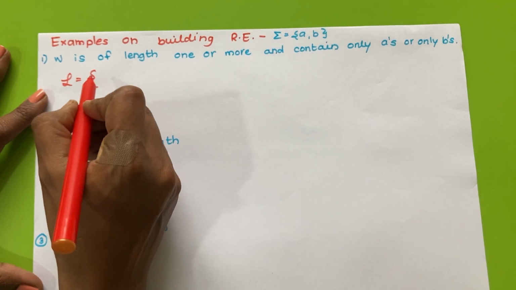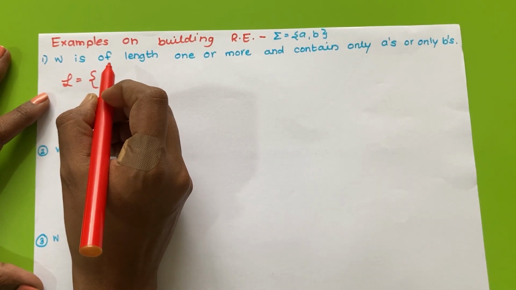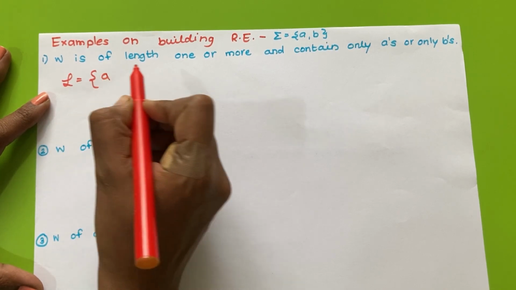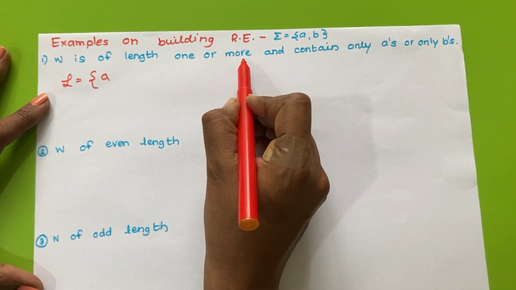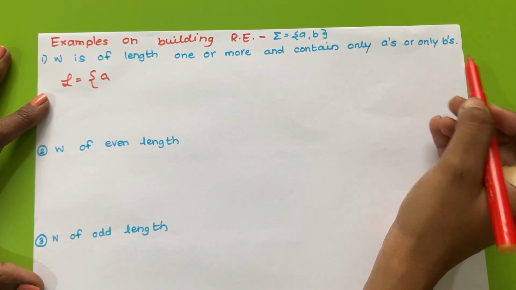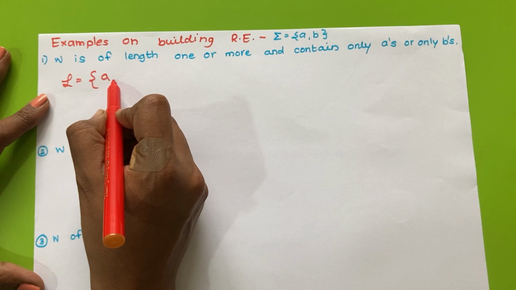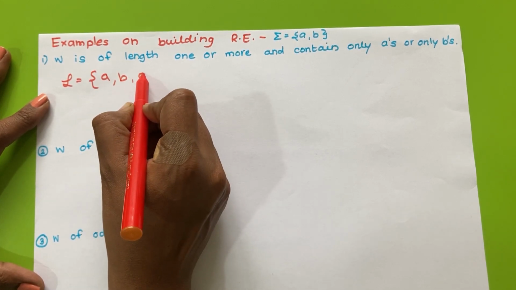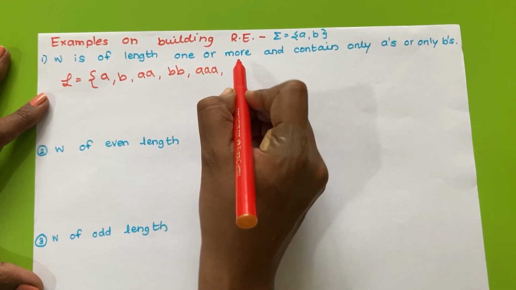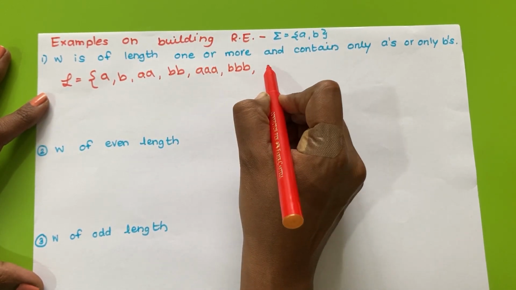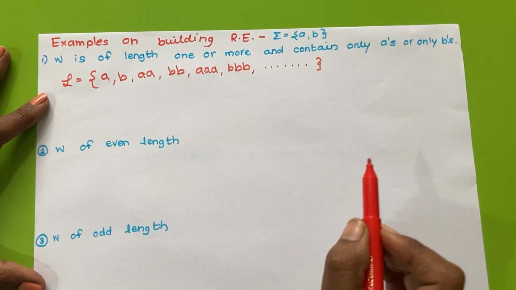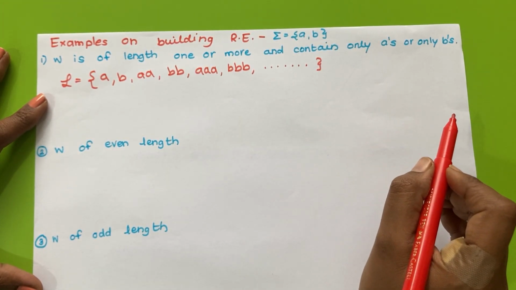Okay, so the smallest string will be A, because we want one or more times A or B. So the smallest string will be either A or B, then AA, then BB, and so on. It means in a single string both A and B will not be there at all.